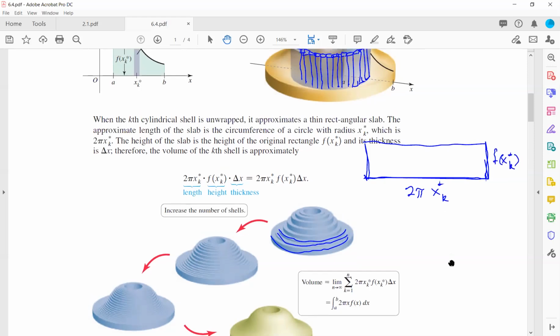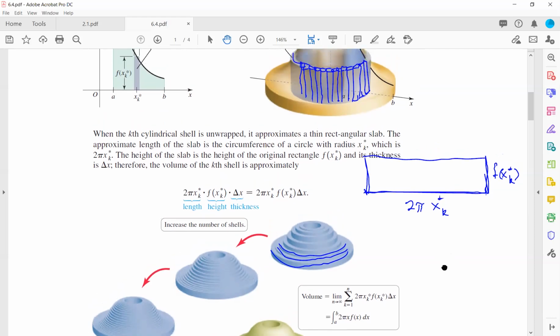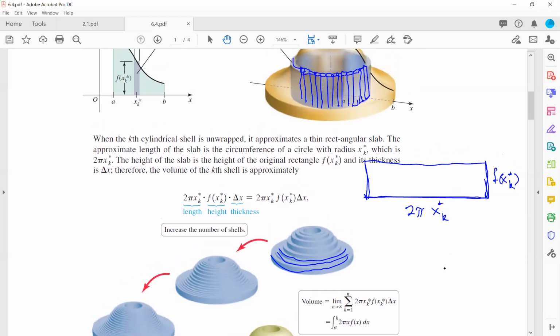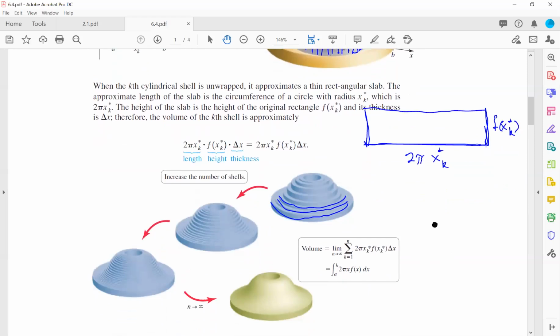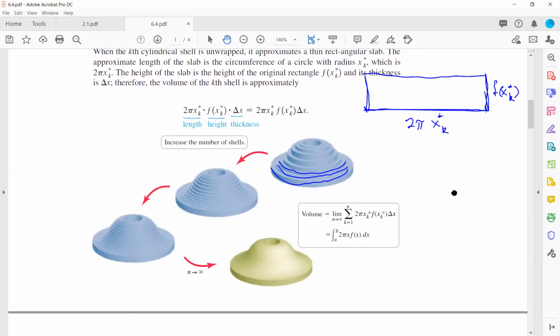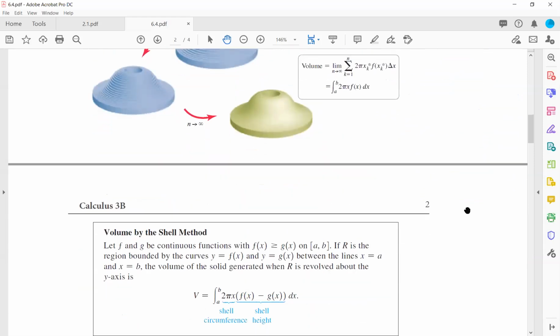The integral of 2 pi x f of x dx, while x ranges between a and b, gives you the volume. So let us officially define volume by the shell method.